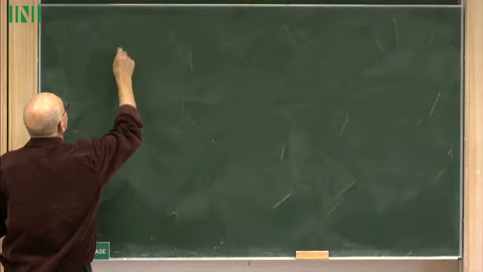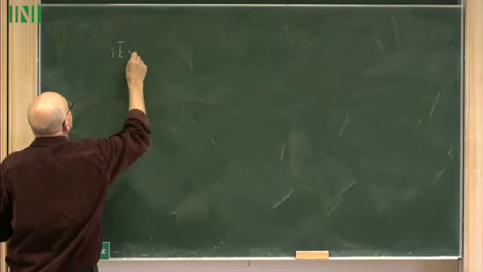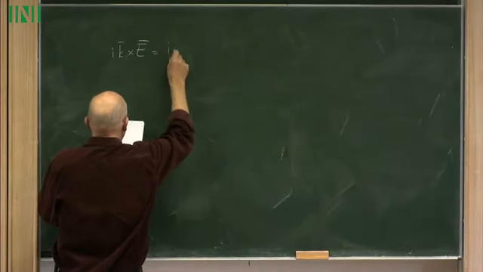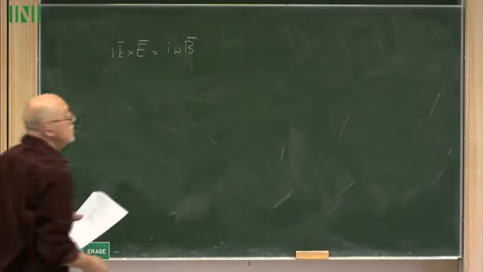just to note that i k cross E is equal to i omega B from Maxwell's equation.